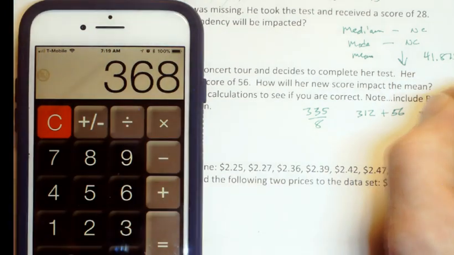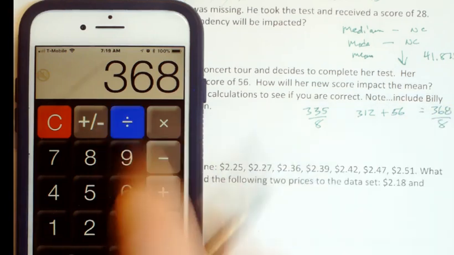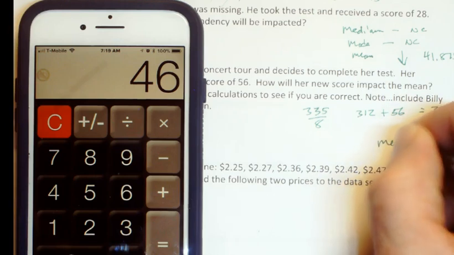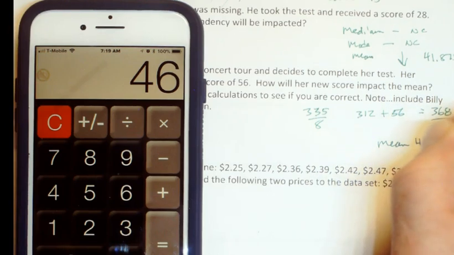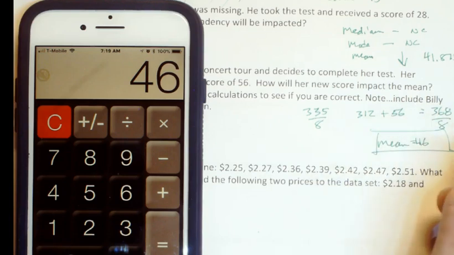It's 368. And I will divide that by the total of 8 scores. And it's up to 46. The mean rises to 46. And we knew it was going to rise because she took this low score and it's replaced by this huge score of 56 out of 60.